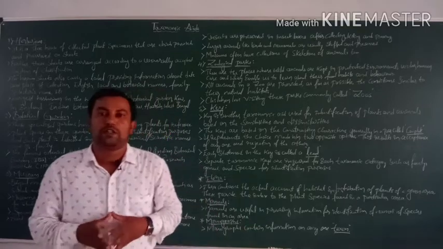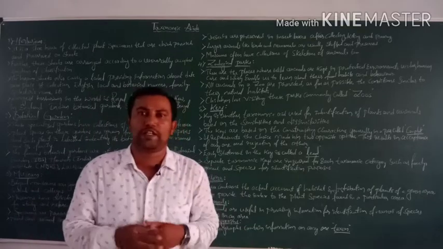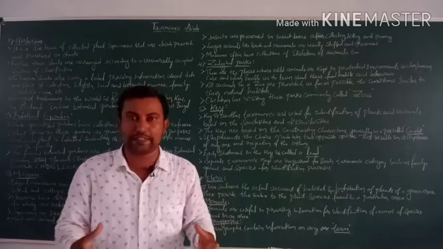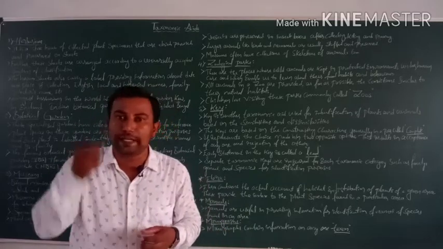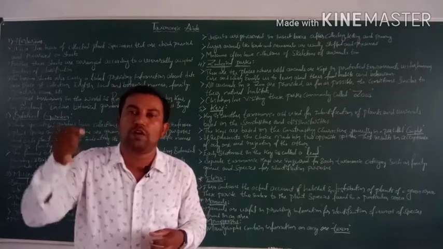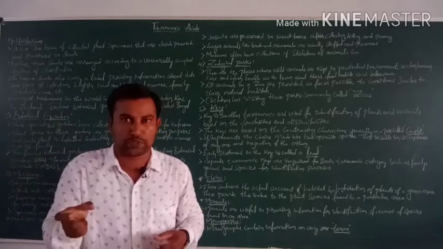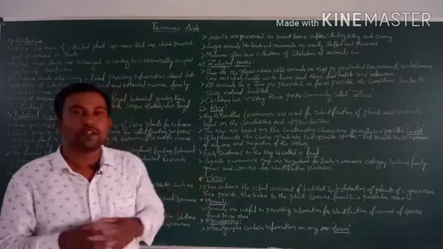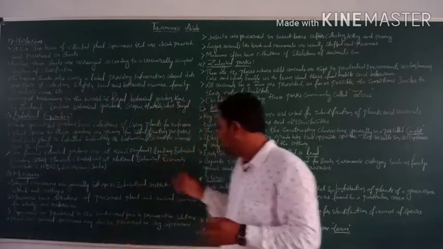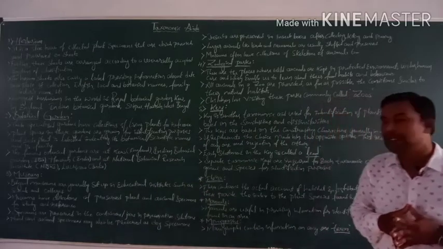One more point: a catalog is nothing but a systematic arrangement of the names of species, or even those mentioned in books, that also comes under the catalog. So that is briefly what I discussed about the flora, manual and monograph.